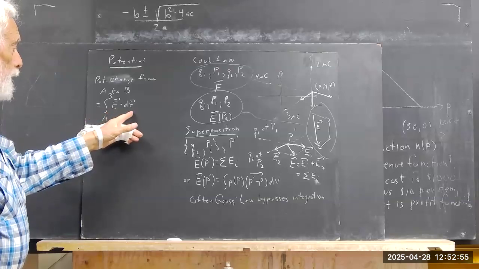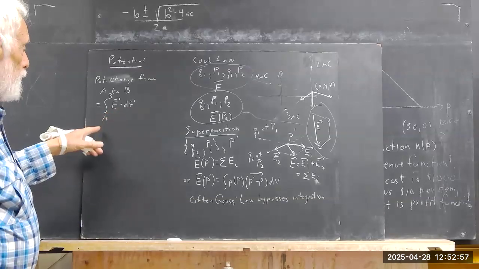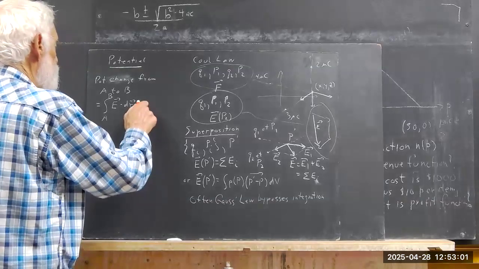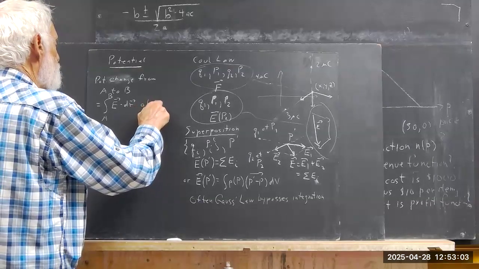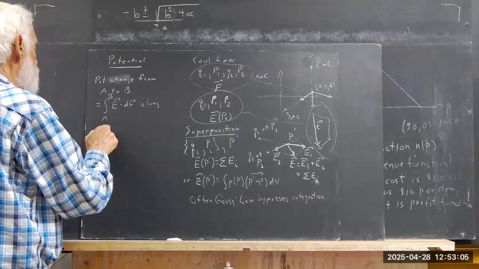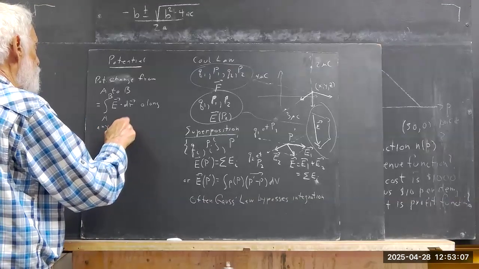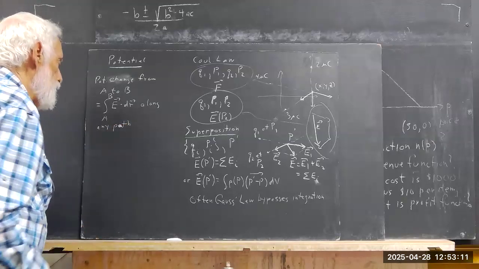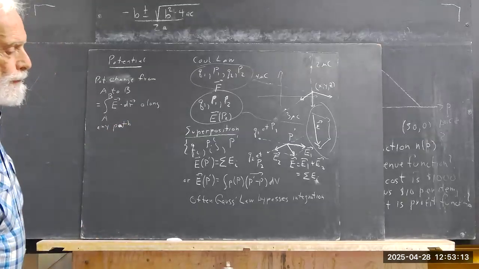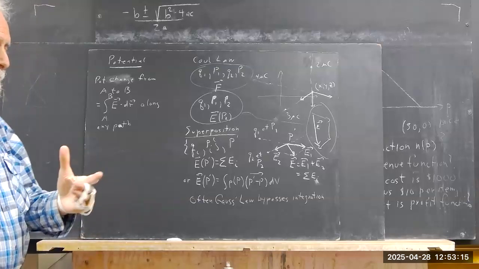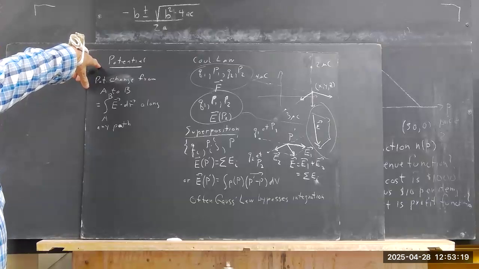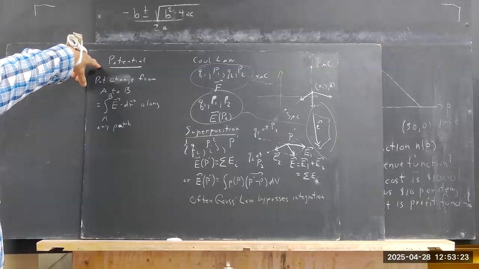It's the integral of E dot dr from A to B. Because we're talking about potential, which is a potential energy per unit charge.